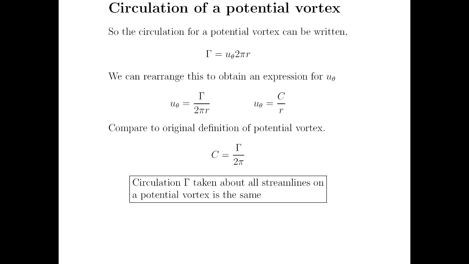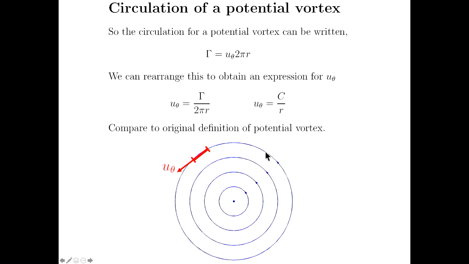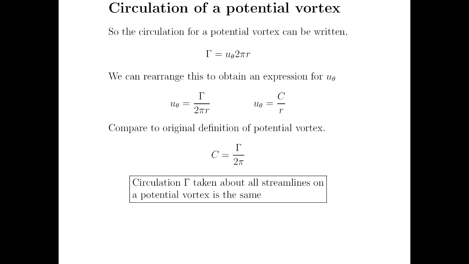Right, and circulation taken about all streamlines on a potential vortex is the same. Okay, so hopefully you can see that it does not matter if I take my circulation along this streamline or along this streamline. My circulation is going to be constant for all of those cases.